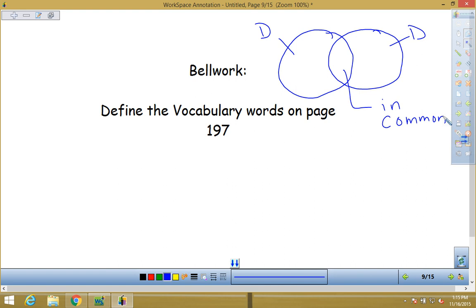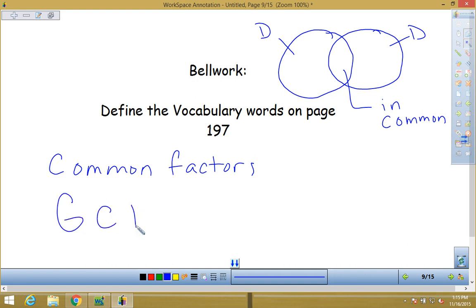The second word that you defined was common factors. Somebody tell me what you got for the definition of common factors. Got it. Factors that are what? Factors that are shared by 2 or more members. Okay? Then you have something that's called the greatest common factor, or for short, the GCF.